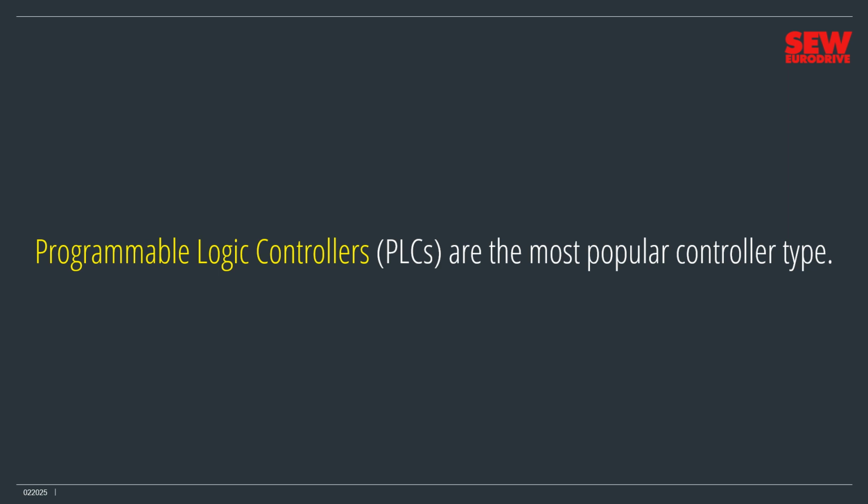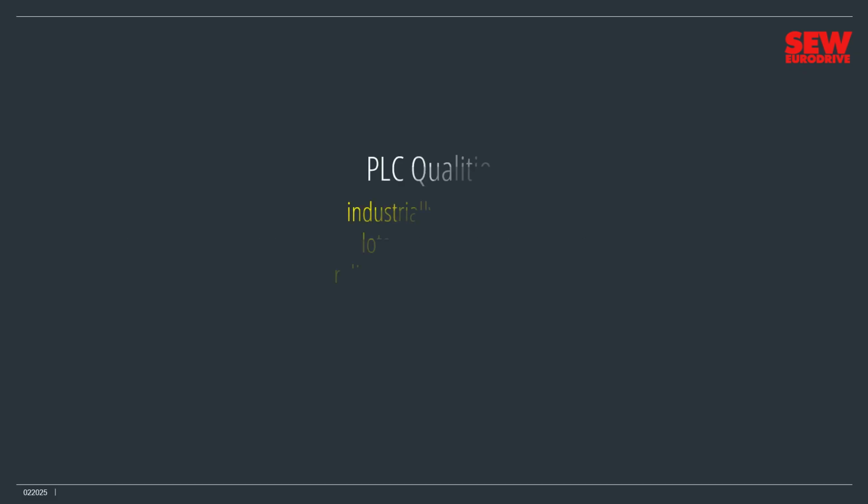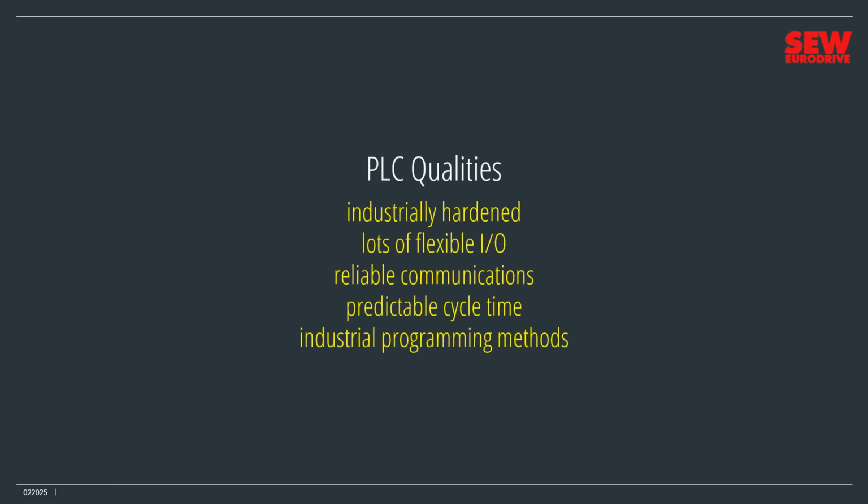Unlike general purpose computers, PLCs are specifically designed for the industrial environment. They're industrially hardened so they can handle dirty, hot, or harsh environments. They have lots of flexible I/O, which means they can connect to digital and analog devices of all kinds, as well as specialized equipment like stepper motors and their attached encoders.